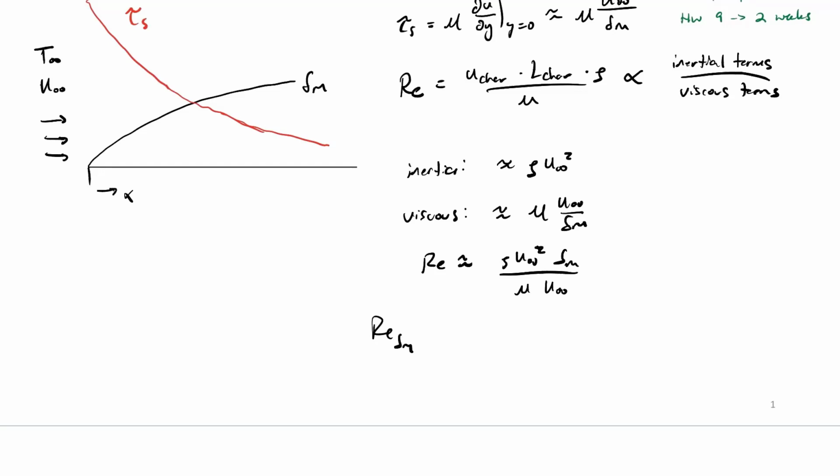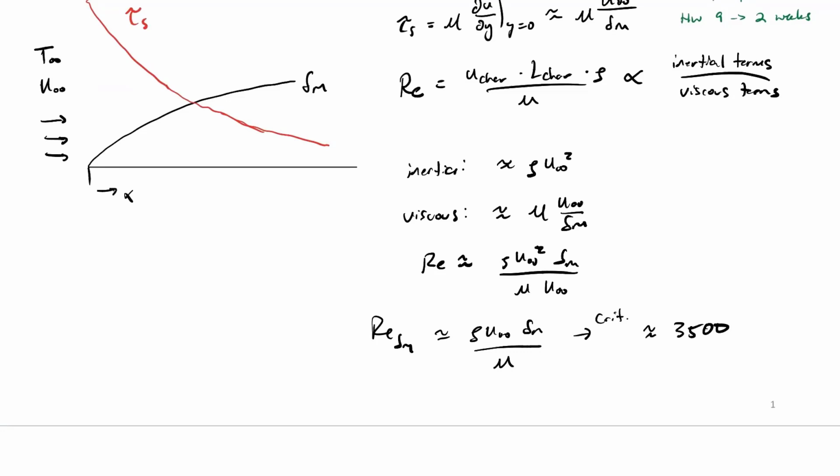So Reynolds delta m is my Reynolds defined in terms of my characteristic length being delta m, as opposed to say Reynolds x or Reynolds L, which is a characteristic length in terms of x or L. Okay, so here now with this, we have Reynolds delta m is approximately rho u infinity delta m over mu. And if we define it this way for flow over a flat plate, it turns out that the critical Reynolds number where the inertial forces are so large that it becomes unstable is actually approximately equal to 3,500.